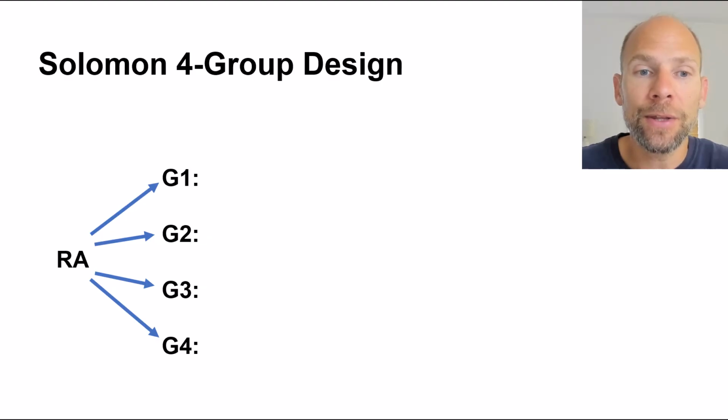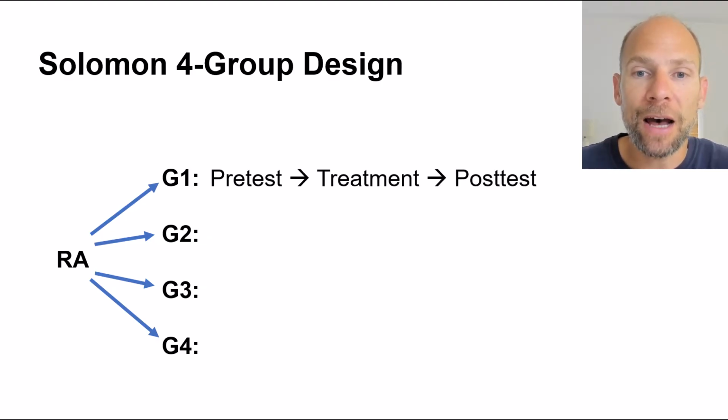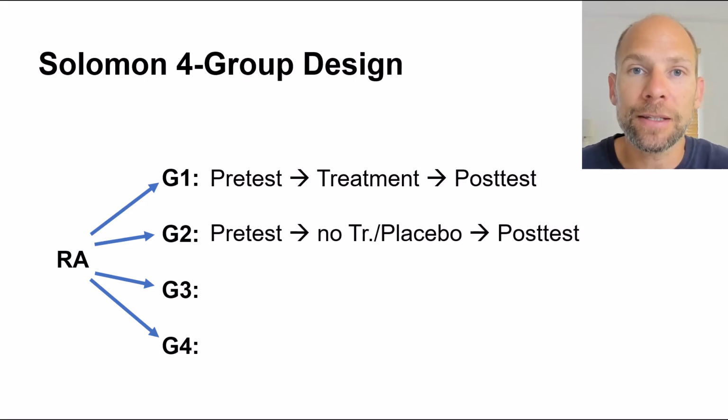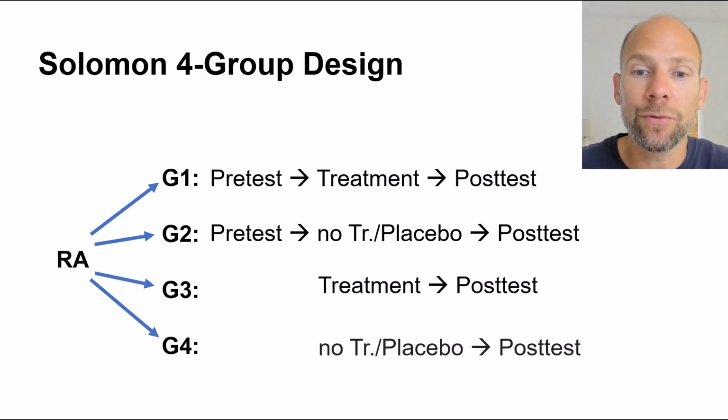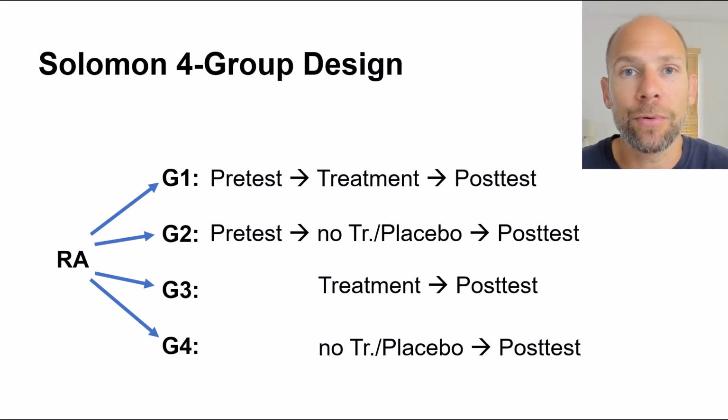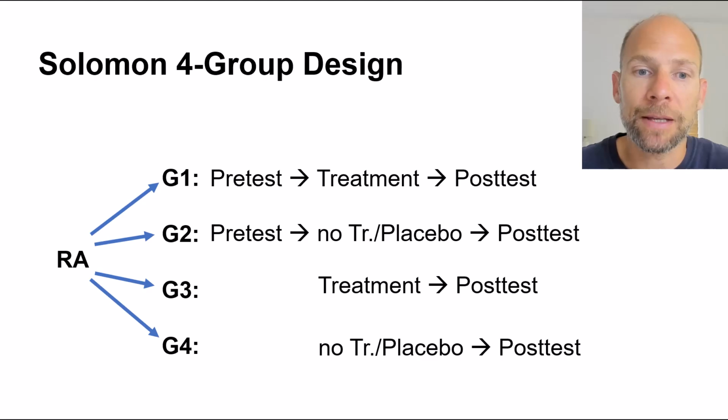In those 4 groups, we have, first of all, the same 2 groups that we had previously in the pretest post-test design, where they take a pretest, then they take the treatment or placebo, and then they have the post-test. But in addition to that, we also have 2 groups where we don't have a pretest. So they are the same regarding treatment versus no treatment, but there's no pretest in group 3 and group 4.